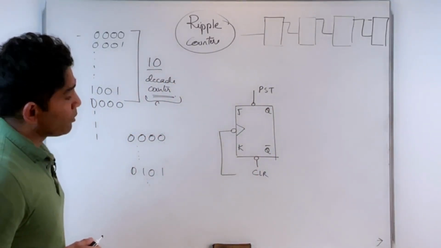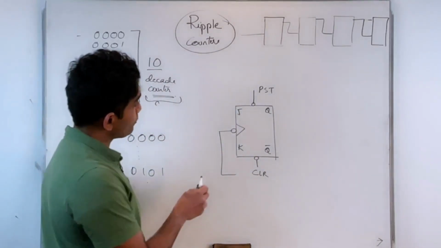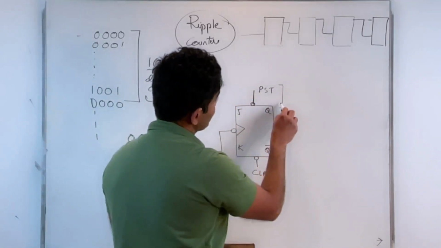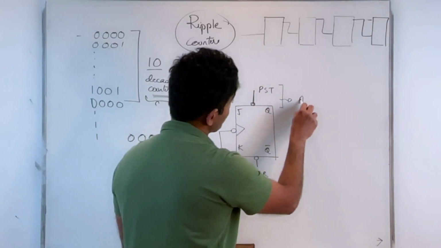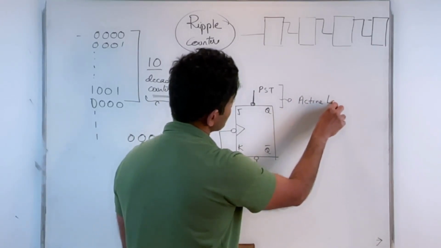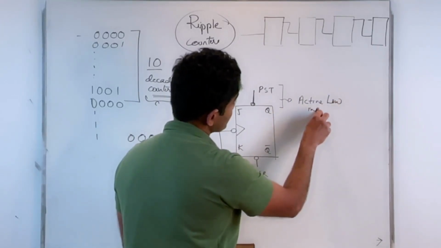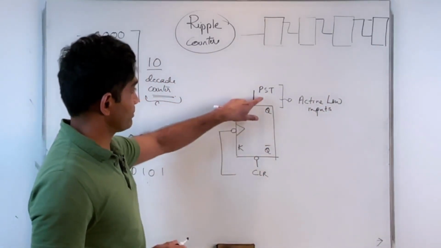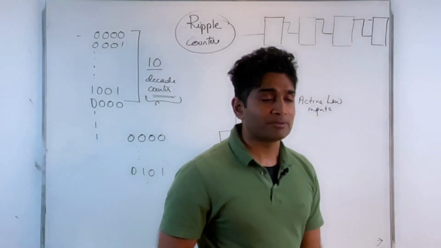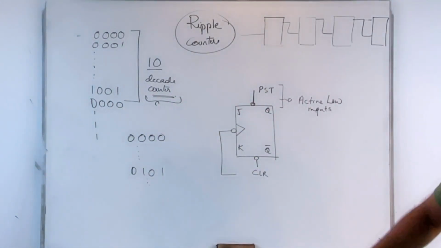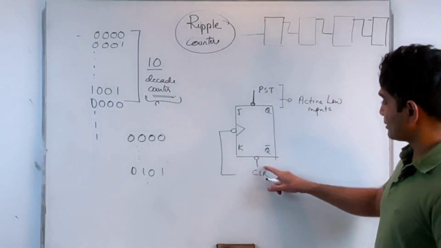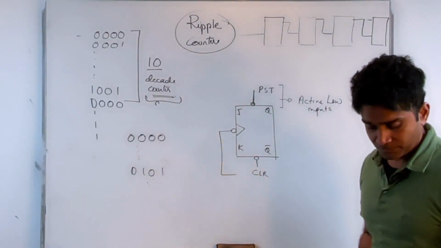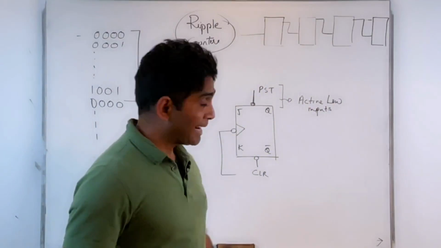The bubble in this representation means that these are active low inputs. In other words, these inputs become active only when I place a low value on them. For example, to make preset active, I would place a 0 on my preset input. Likewise, to make the clear input active, I would place a 0 on my clear input. So these are active low inputs.